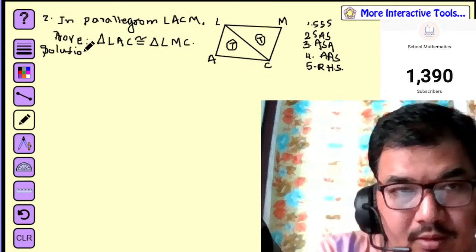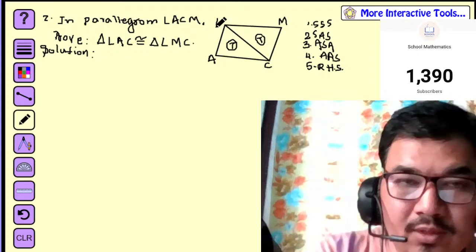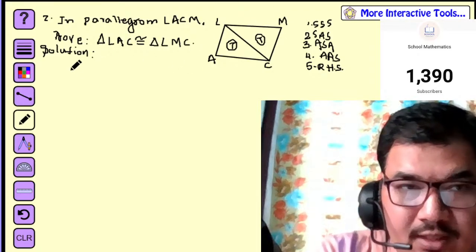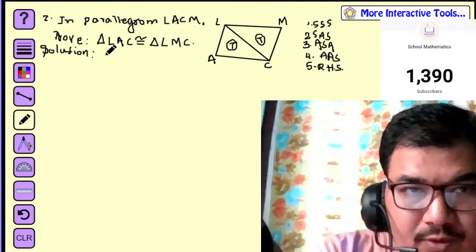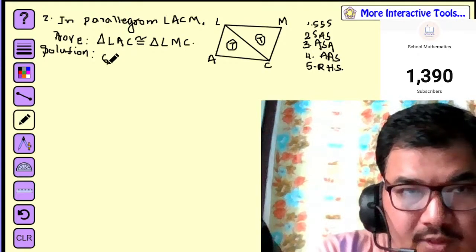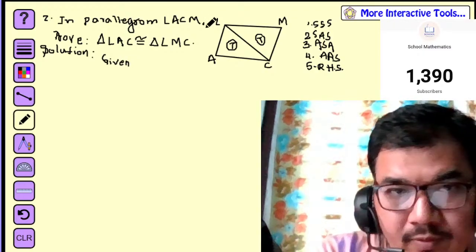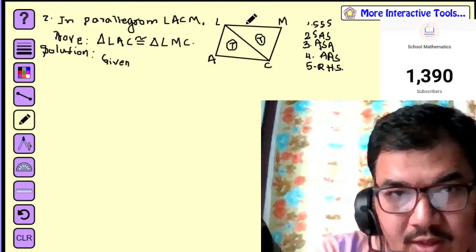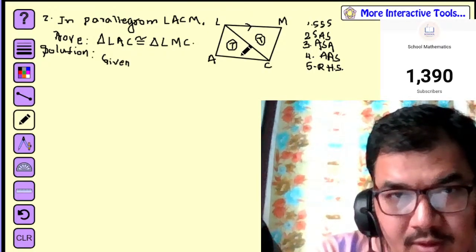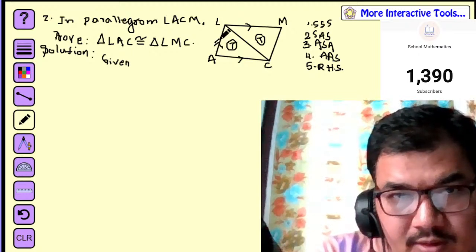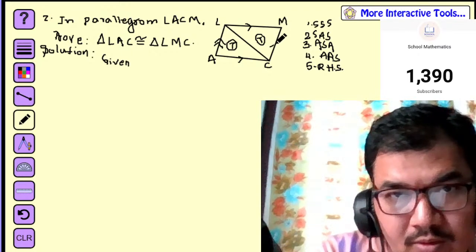First of all, we should draw this figure and write here the solution. And first of all, we need to write the given. What is given in the question? Here just this parallelogram is given, that's why these opposite sides are given parallel. This side is parallel to this side, and LA is parallel to this side.